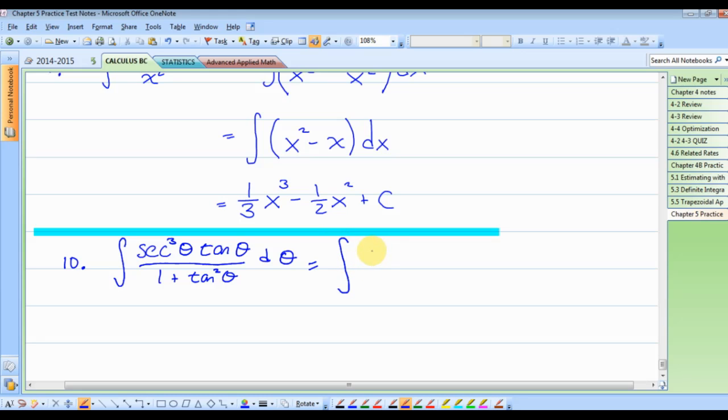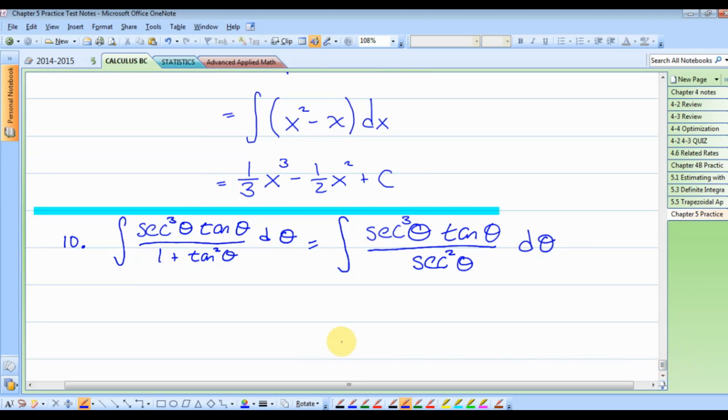So on the test tomorrow, when it's 1 plus cotangent, it has to be 1 plus cotangent squared. You're right. Okay, simplify.